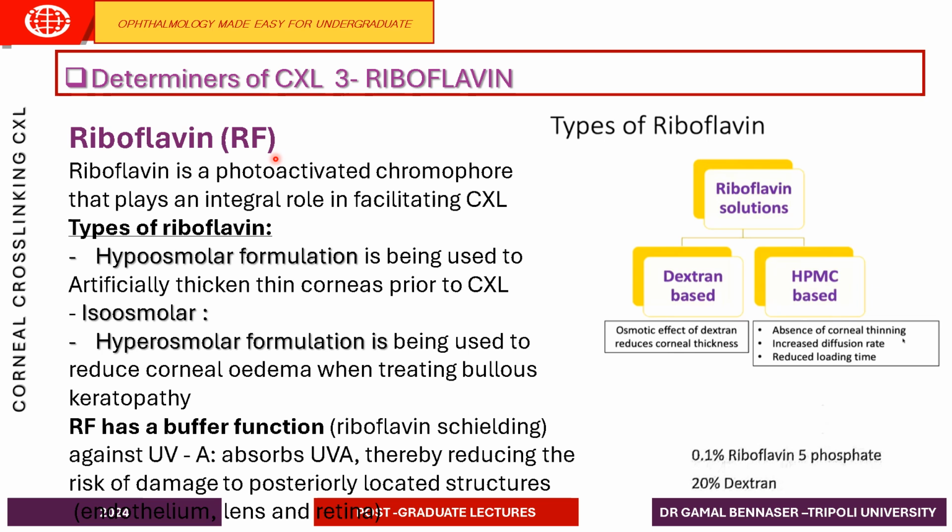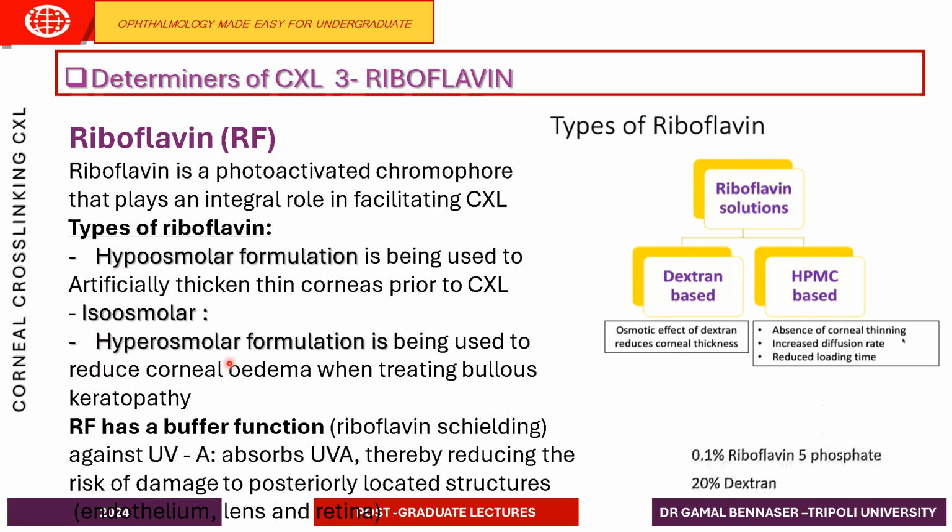We will speak about the details of this reaction later on, but now we just want to say a few words about the different types based on the carrier solution, that's the dextran based, or the hydroxypropyl methylcellulose based, or based on the osmolarity, which can be hypoosmolar, isoosmolar, or hyperosmolar.